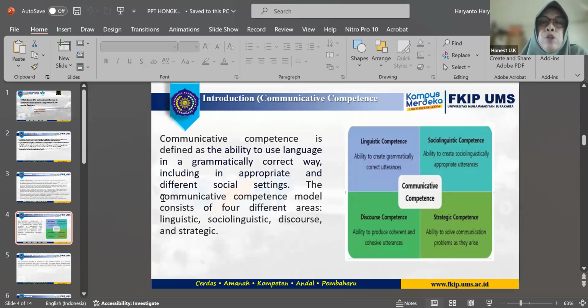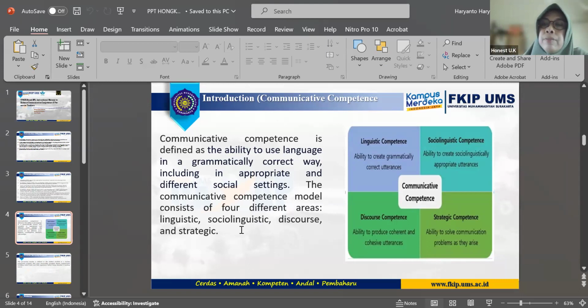Next, the communicative competence, as we see in this picture. Communicative competence is defined as the ability to use language in a grammatically correct way, including appropriate use in different social settings. The communicative competence model consists of 4 different areas. The first is linguistic competence.